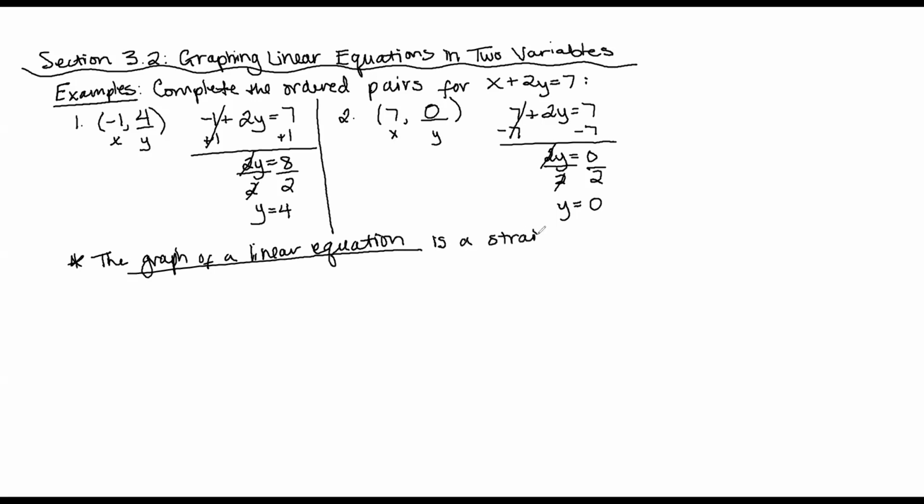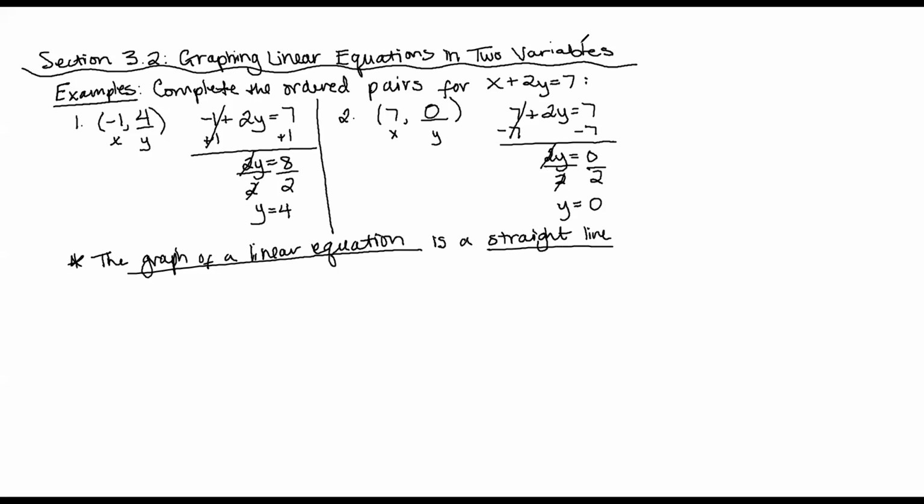So if you're ever graphing these, you plot some points and you have some that are kind of, there's 2 in a row, and then you have one that's kind of off to the side. You know one of these has to be wrong, because we could have a line that's going through this way, or we could have a line that's connecting these two, or even these two. And so there's 3 different options here. And so we know there's only one way to graph these lines. So you want to double check your points and make sure that you plot them all correctly or did your math correctly.